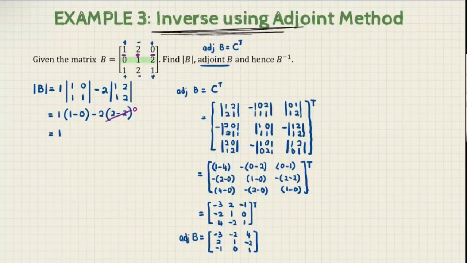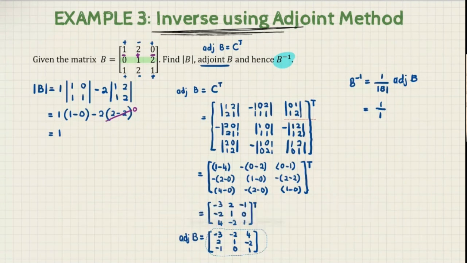Okay, now hence find the inverse. Okay, ni last step. Nak dapatkan B inverse. So tadi formula dia apa? B inverse sama dengan 1 over determinant of B didarabkan dengan adjoint of B. So 1 over 1 darabkan dengan adjoint. Adjoint kita tadi apa ya? Adjoint kita yang sini.